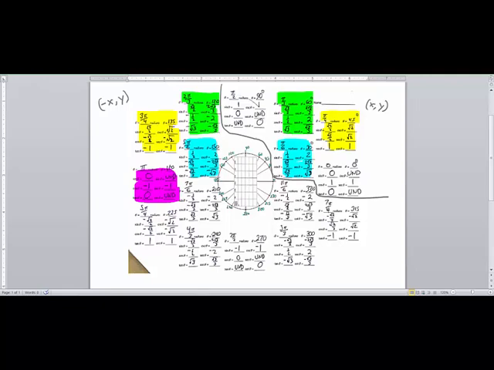There's still more symmetry. We started off with the yellow sections here. Well, there's another yellow section down here. Notice that all of the sine, cosine, tangent, and reciprocal functions are all the same as the yellow up here, with one little difference. The difference is that all the x values and y values are negative.